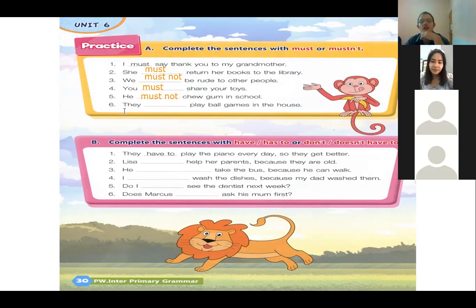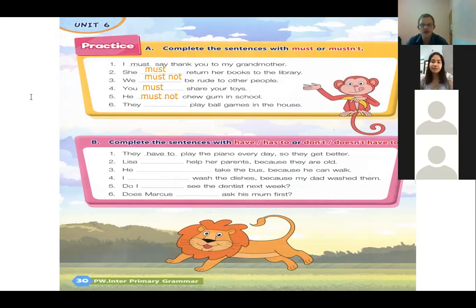Number 6, they play ball games in the house. Must or must not? I think it's must not. Must not, yes.